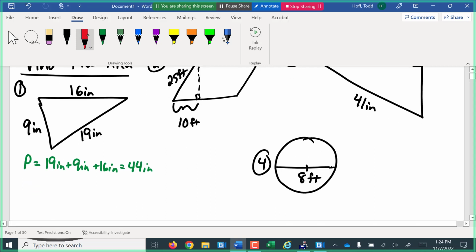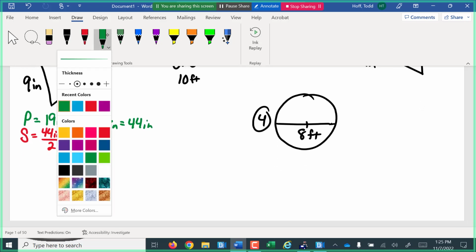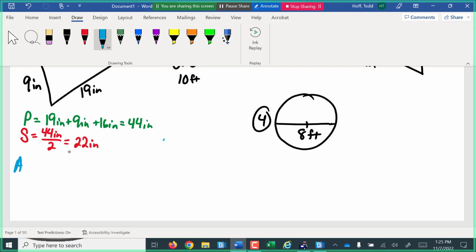What's our next step then in Heron's formula? Semi-perimeter, right? Half of the perimeter. So 44 inches divided by 2 is 22 inches. And then it's the ugly formula. Semi-perimeter times the semi-perimeter minus 19, times the semi-perimeter minus 16, times the semi-perimeter minus 9.